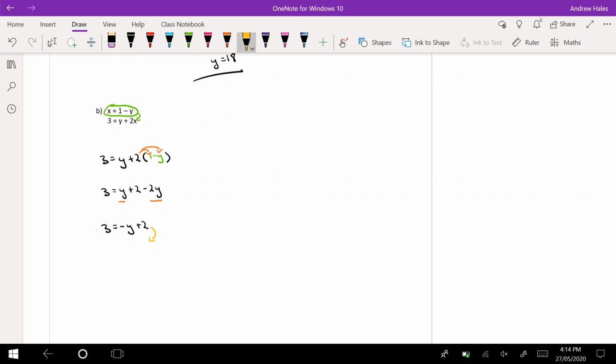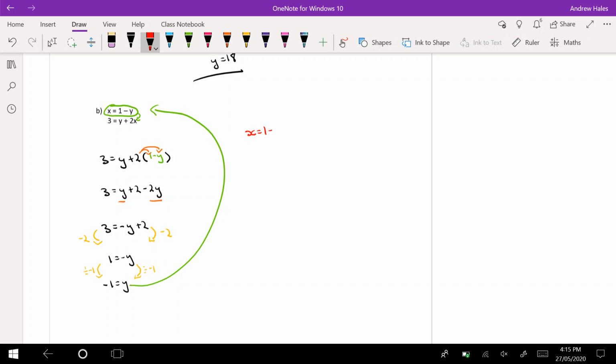Now I'm going to take 2 from both sides. So 1 equals negative y. And then if 1 equals negative y, negative 1 equals y, because I'm just dividing both sides by negative 1. And then I put this back into either one of my equations. I'll probably pick the first one because that's going to be the easiest.